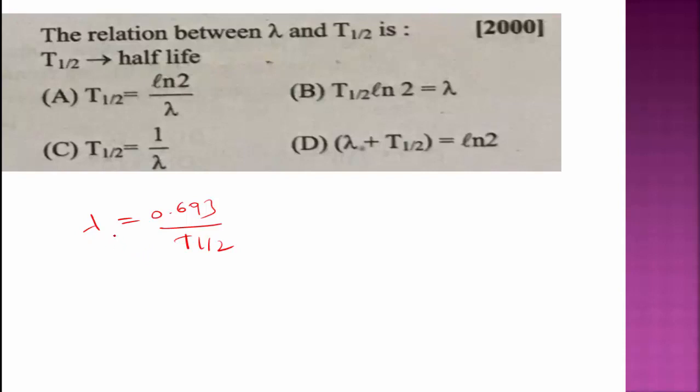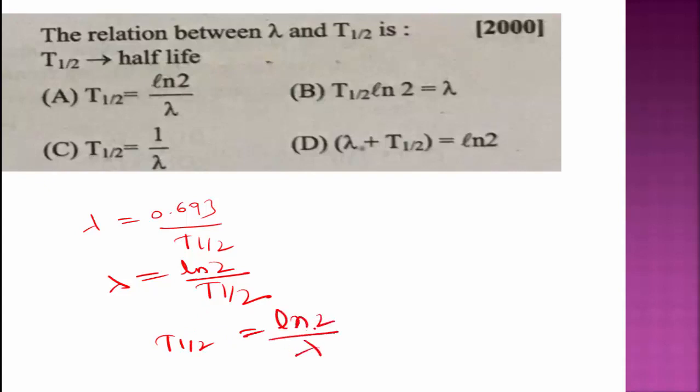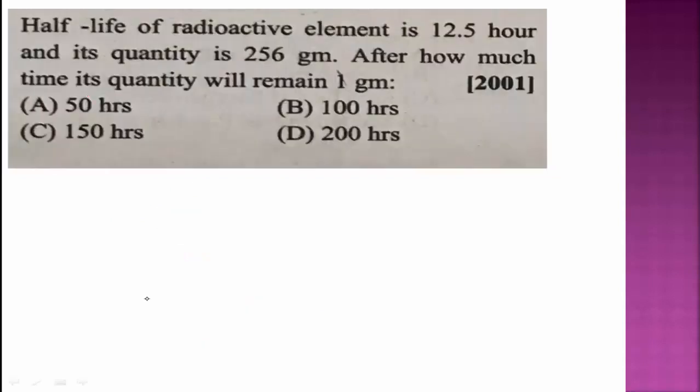Here the decay constant lambda is equal to 0.693 divided by T half. Usually we can write this equation, lambda is equal to ln 2 divided by T half. Now T half is equal to ln 2 divided by lambda. The option A is the right answer.